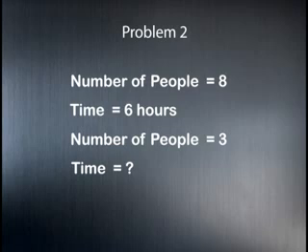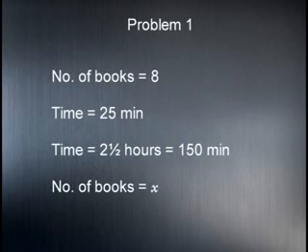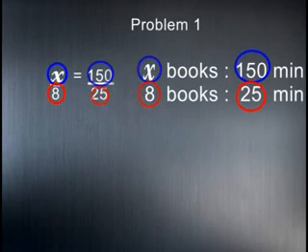Okay, Miss Thompson. While Sam is busy completing the problems, let us look at how he should solve them. In order to solve the first problem, we make the unknown number of books x. We then take the x divided by 8 and equal that to 150 divided by 25.